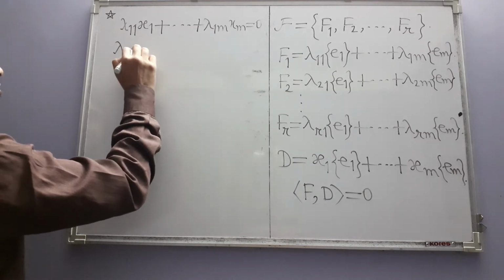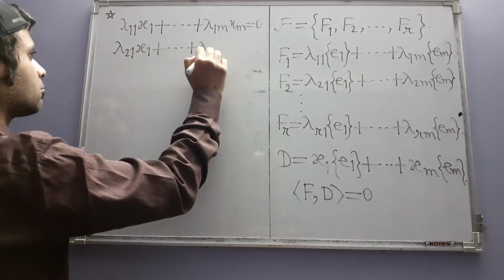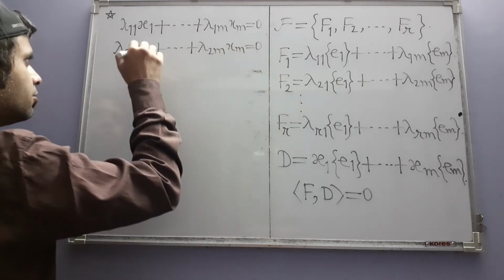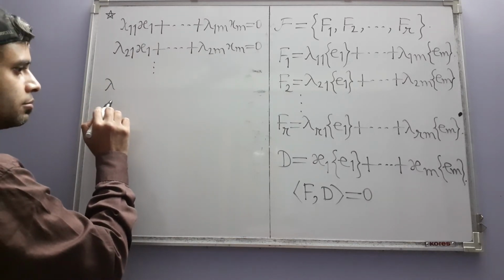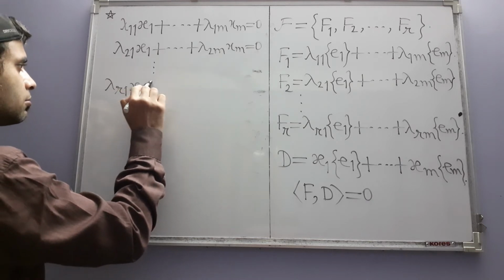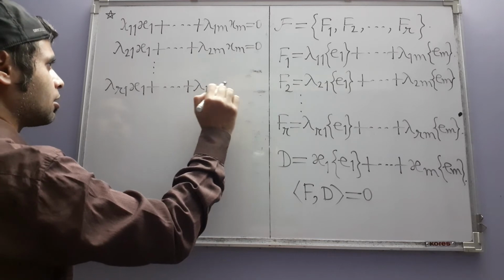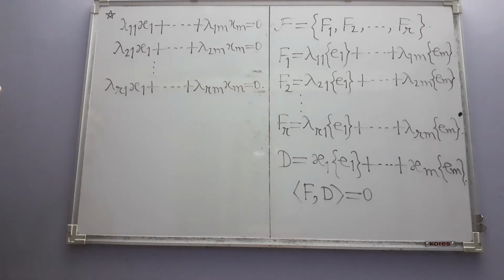Lambda 2 1 ... sum equal to 0, ... lambda r1 ... rmxn equal to 0.